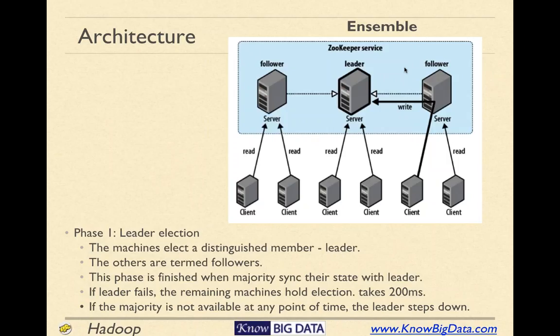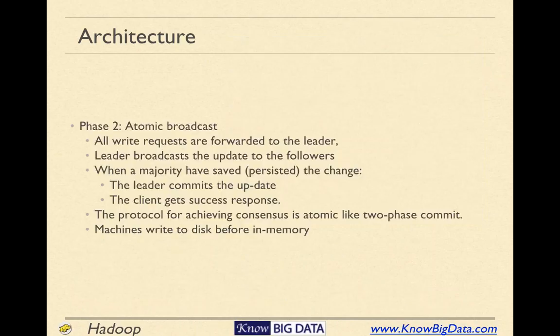There is no leader, and the whole system will remain read-only. No change can happen in this system. So if a majority is not available at any point of time, even if there is a leader, he will step down. Now, once the election is successful and a leader has been elected, what happens?